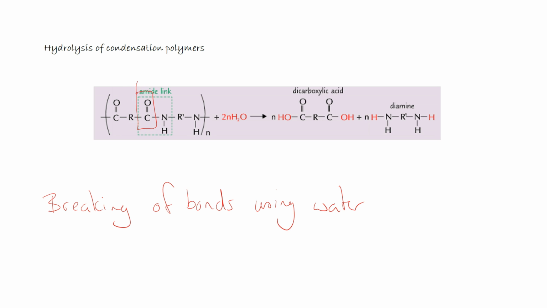So the polyamides and the polyesters can be broken down by hydrolysis because the C double bond O is polar, and therefore, as a result, it is susceptible to nucleophilic attack.